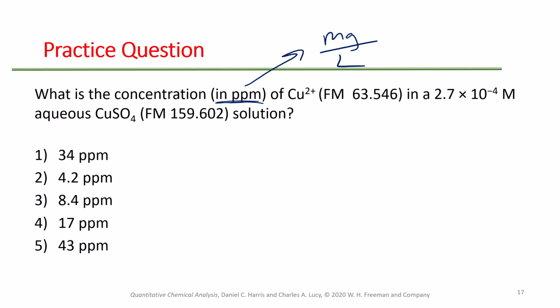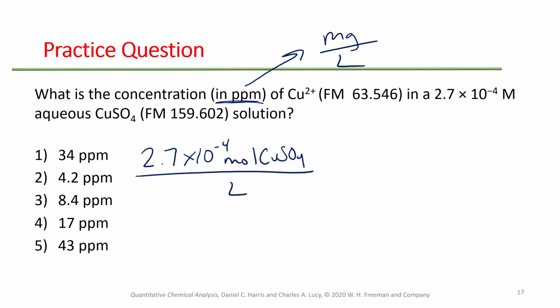So if I have 2.7 times 10 to the -4 molar, which is moles of CuSO4 per liter, I'm going to try to get that molar into milligrams. But first, this is not really a necessary step for the math, but it's a step that kind of just proves. I'm just going to focus on the copper. So let's think, if I have 1 mole of CuSO4, how many moles of just copper?